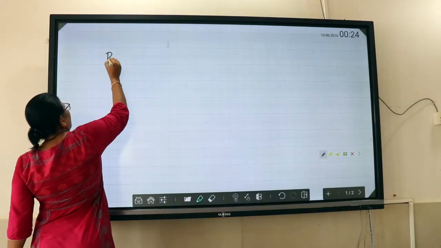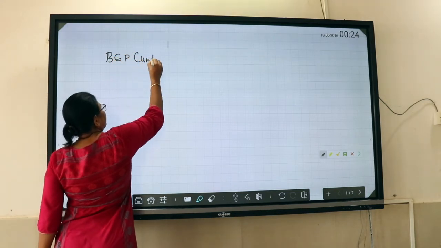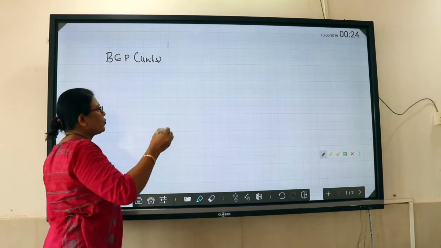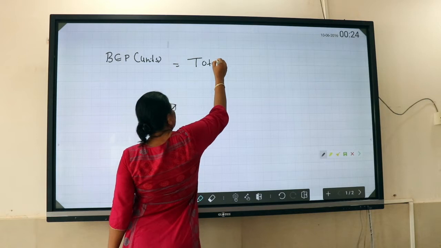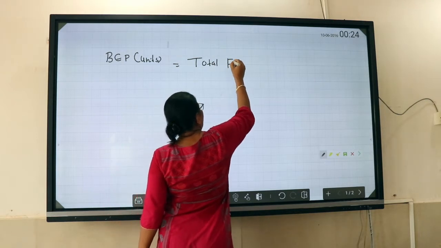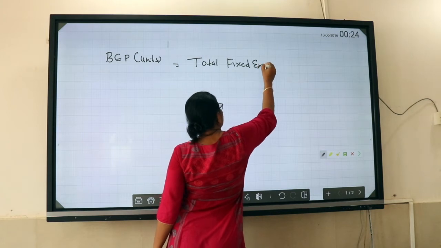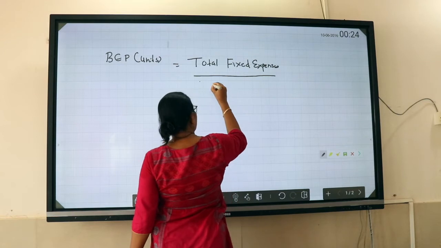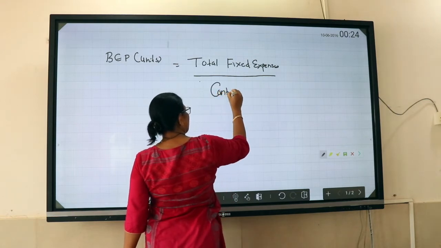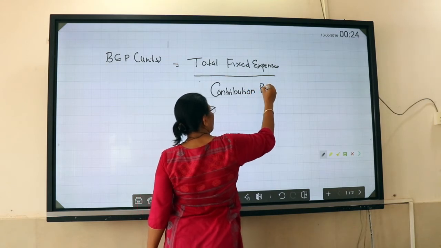First, break-even point in units. So I am going to use the formula total fixed expenses, because that is what is given to us, divided by contribution per unit.